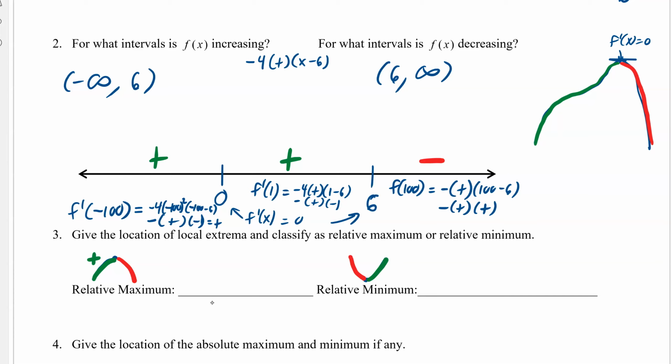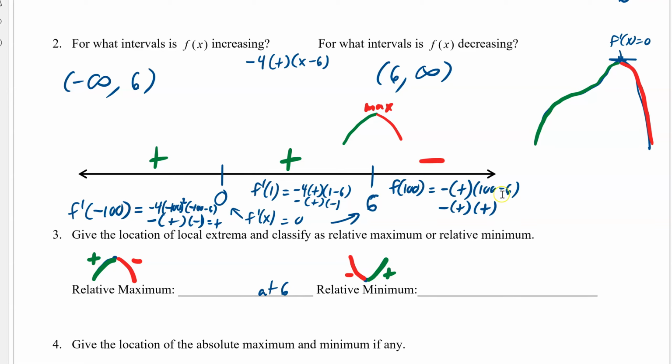So whenever you see it go from positive to negative through that critical number, or negative to a positive through that critical number, then we know that it is a maximum or a minimum. So this is a max. That's what we have here. We're going from positive to negative. And so I like to mark it as positive, negative, which makes that a max. So we do have a maximum at 6.